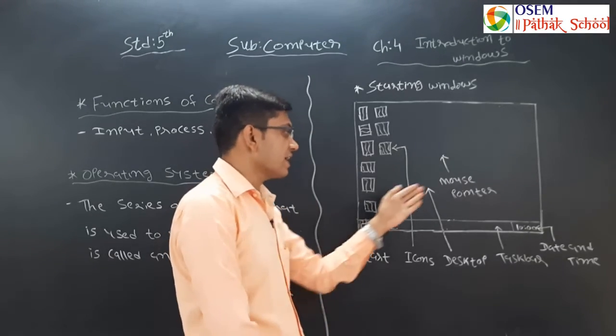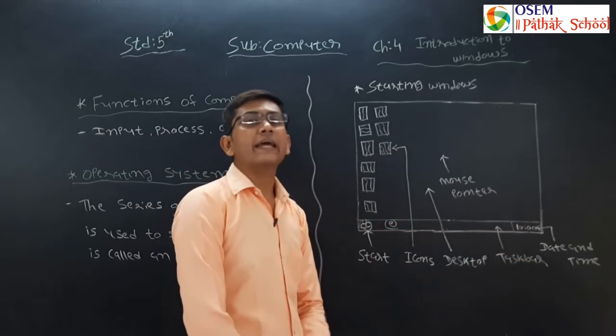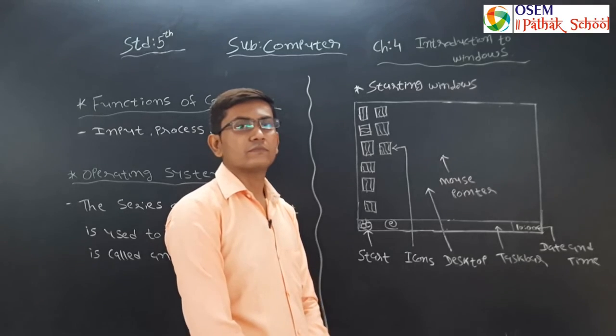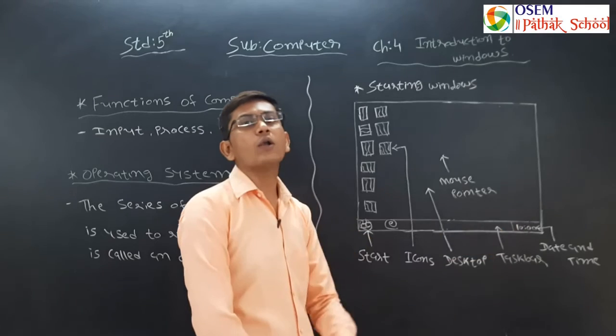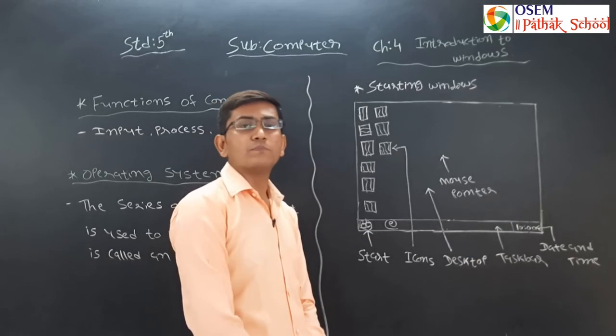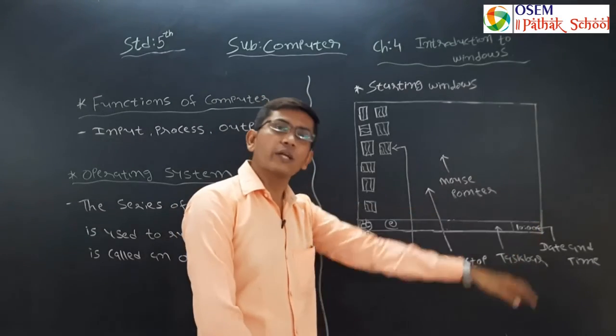At the right side of the taskbar, you can see current date and time when you are working. This part also displays the volume control, battery consumption in your laptop, and this part is also known as notification area.